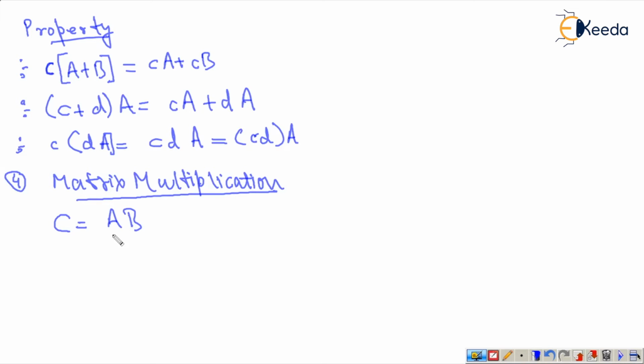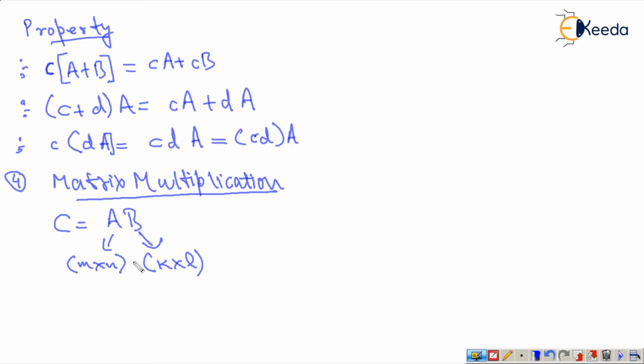And let's say A has a dimension of m cross n and B has a dimension of, let's say, k cross L, right? These two are of two dimensions, m cross n and k cross L.